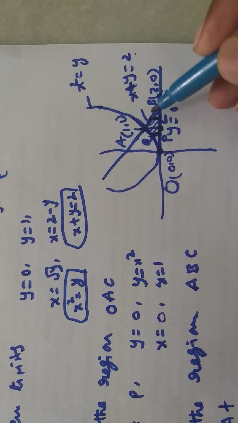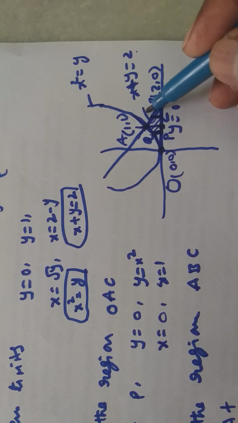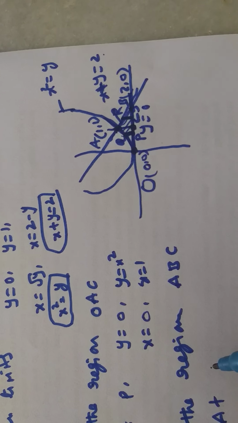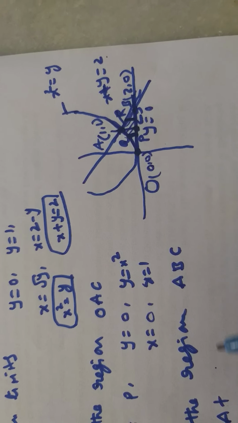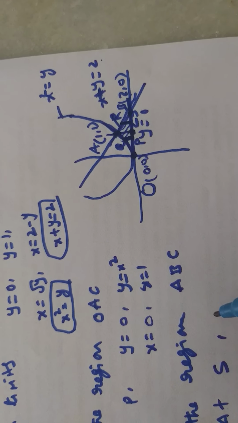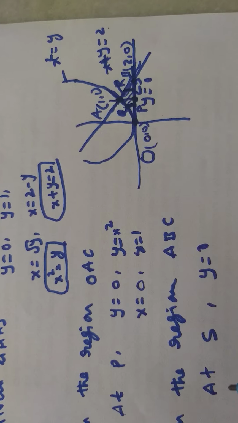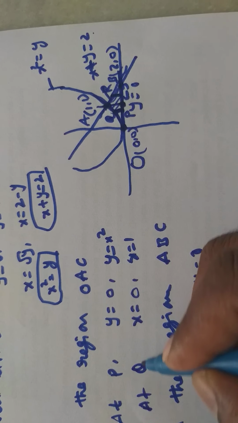This strip is RS. At S, y is 0 because it is on the x-axis.